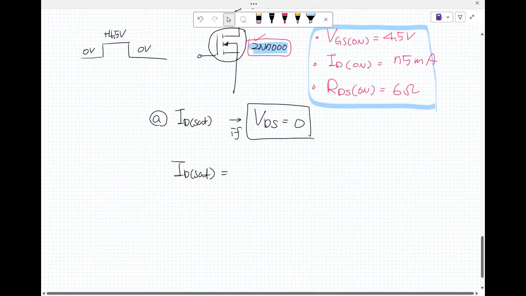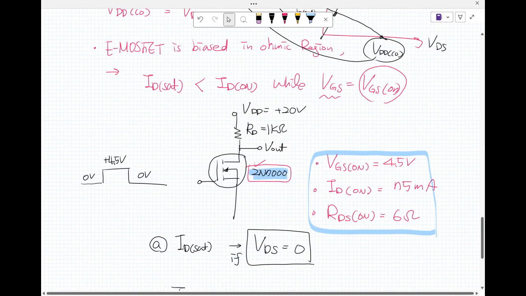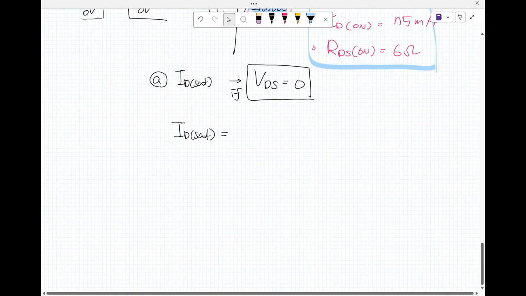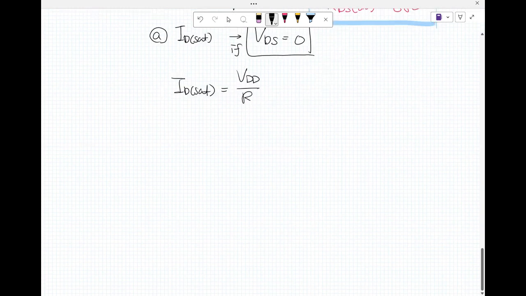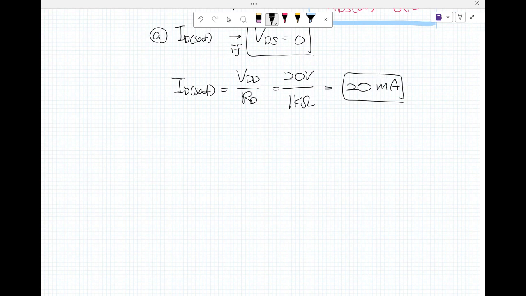Go back to the formula right there. V sub DD divided by R sub D. So V sub DD, the 20 volt, and R sub D, 1 kilo ohm here. Okay, that was 20 milliamp.